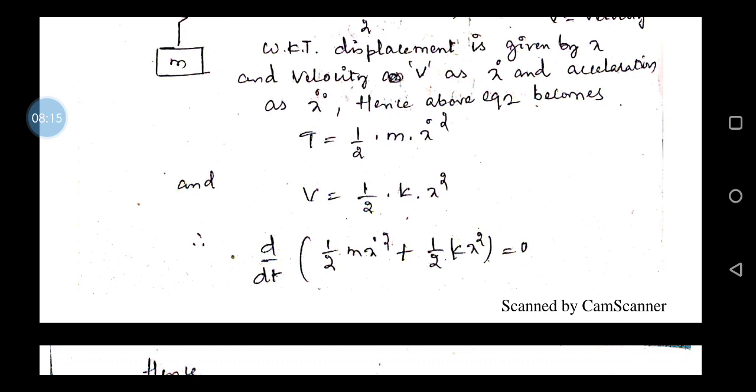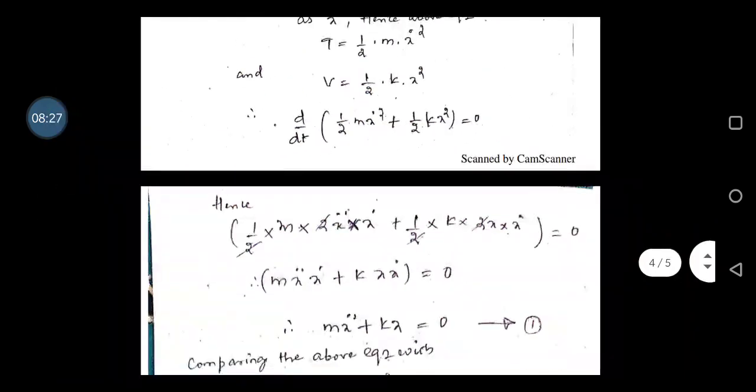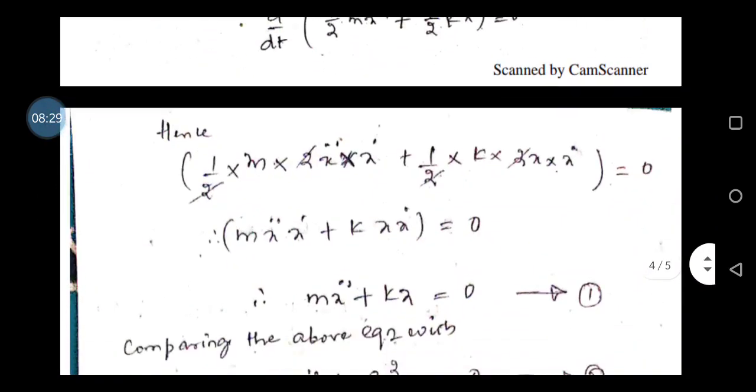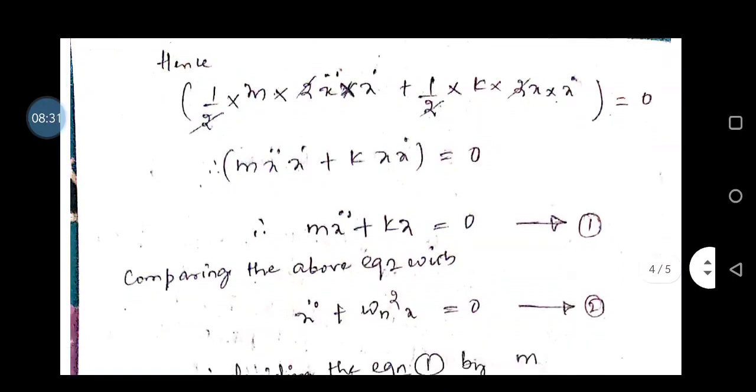Now substituting the values of T and V into the above equation, it becomes d by dt of half into m into x dot square plus half into k into x square is equal to 0. Now differentiating the above equation, we are left with m into x double dot into x dot plus k into x dot is equal to 0.